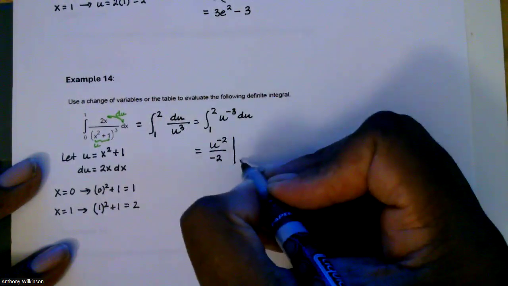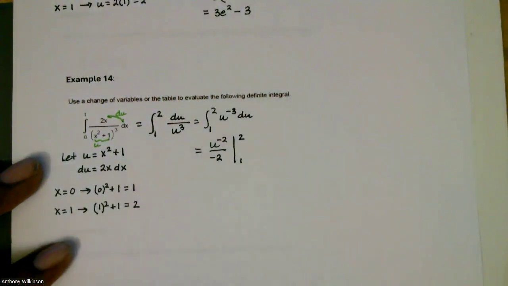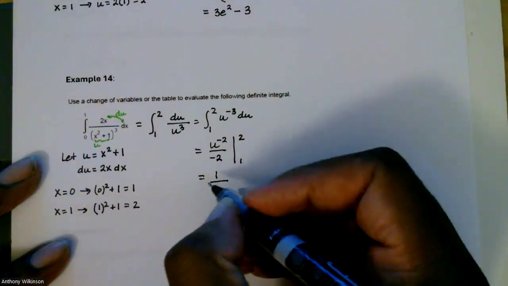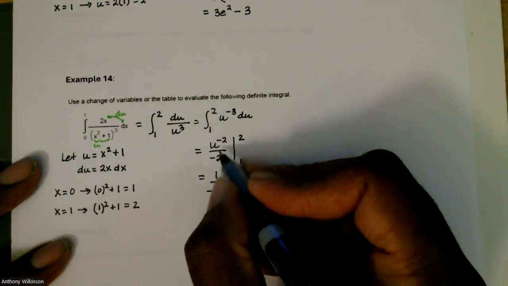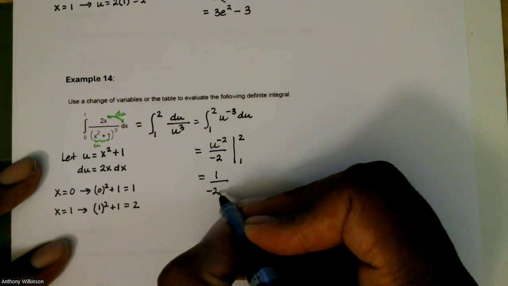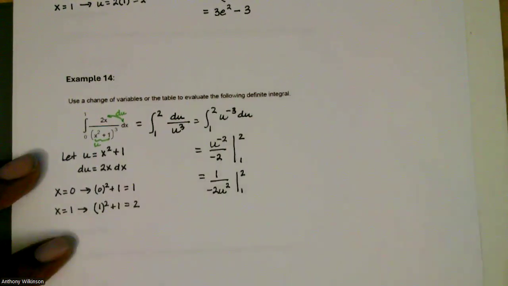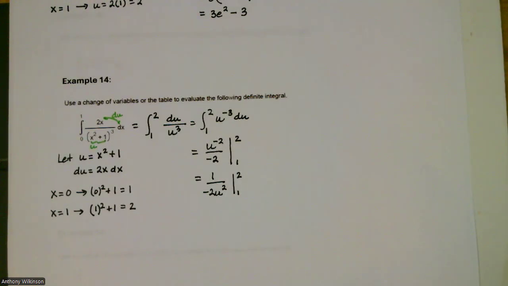And this will be from 1 to 2. And let me rewrite this as, I'm going to put a 1 in the numerator. The negative 2 stays in the denominator, but that u to the negative 2 will go in the denominator as u to the second. So now you got that from 1 to 2.